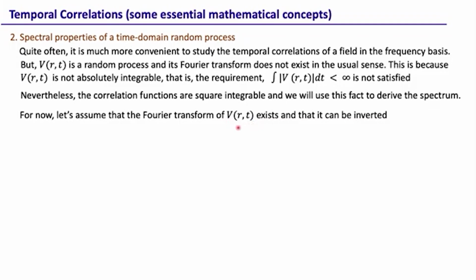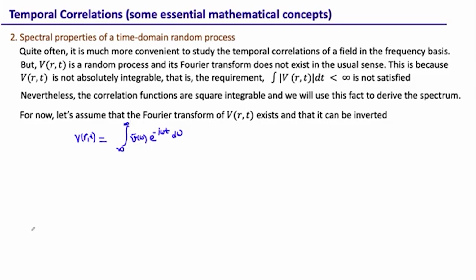So this is the field. We are assuming that this field has a Fourier representation and that it can also be inverted. So we write the field V(r,t) as a Fourier transformation: we write the frequency domain signal V tilde (r, omega), and then the Fourier mode e to the i omega t, and integrate over omega from negative infinity to infinity.